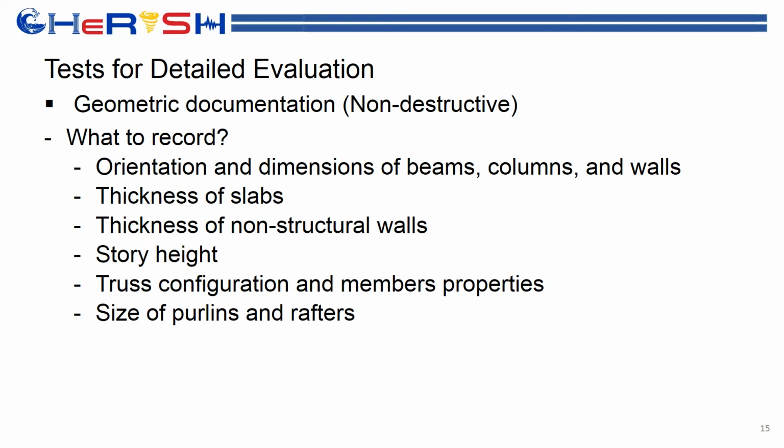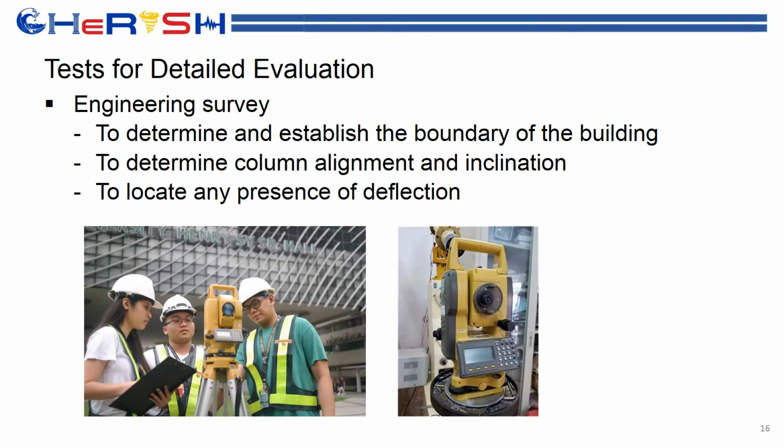So basically, we need to document the geometry of the structural member sizes, because in a detailed assessment, our objective really is to model the entire structure and develop a three-dimensional model of the structure. So in order to do that, we need to develop an as-found drawing that would form the basis of our assessment.